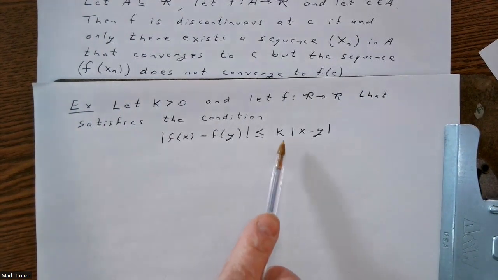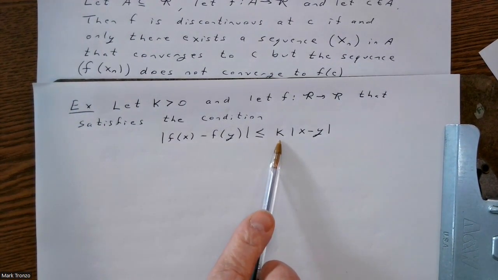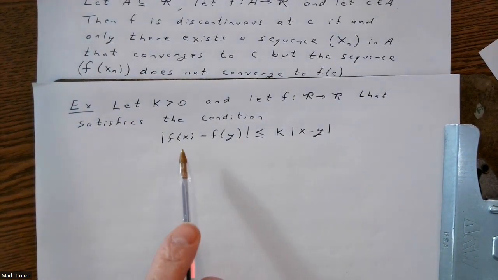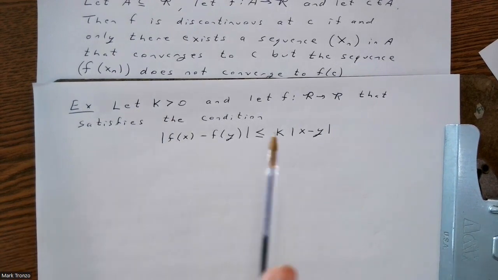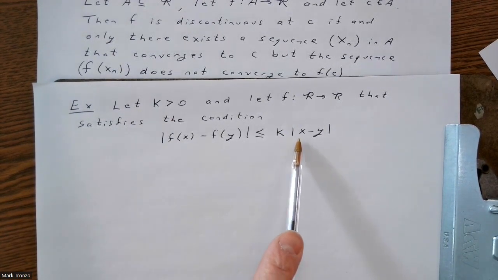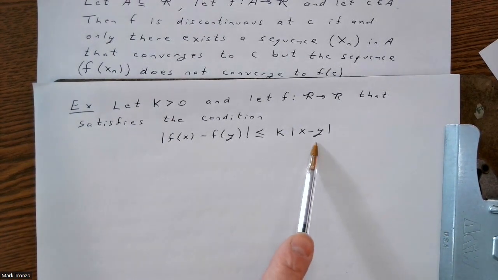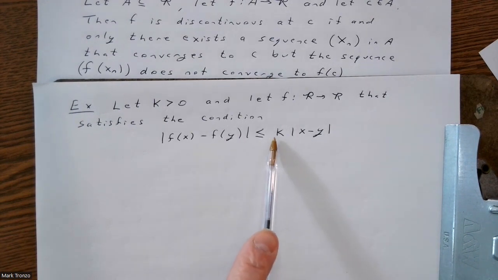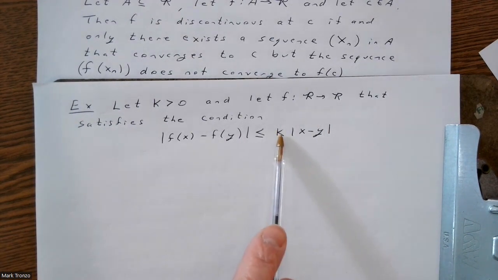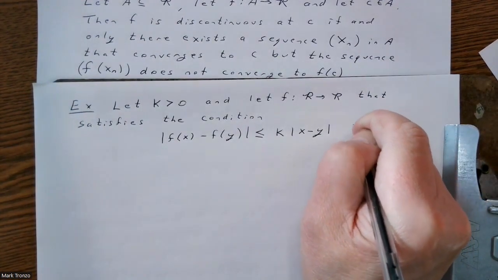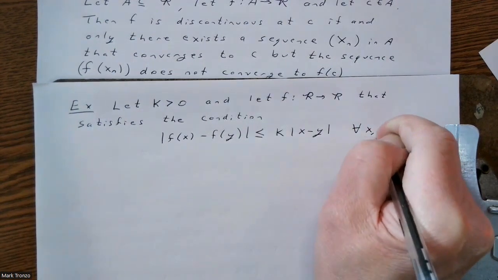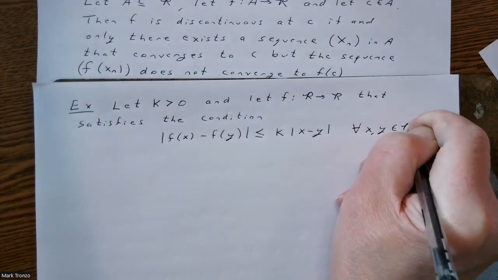Now, usually it's a contraction if K is less than 1, but they don't specify that here. In other words, for any two values you can put in this function, there is this K value such that if you take the x and y that you put in times K, this will be bigger than the difference in the function. And this will be true for all x and y in the reals.